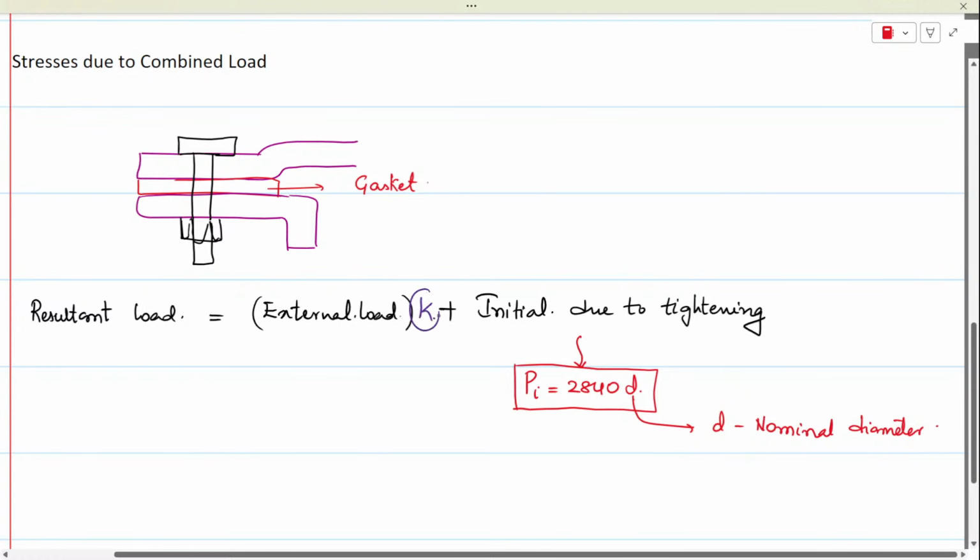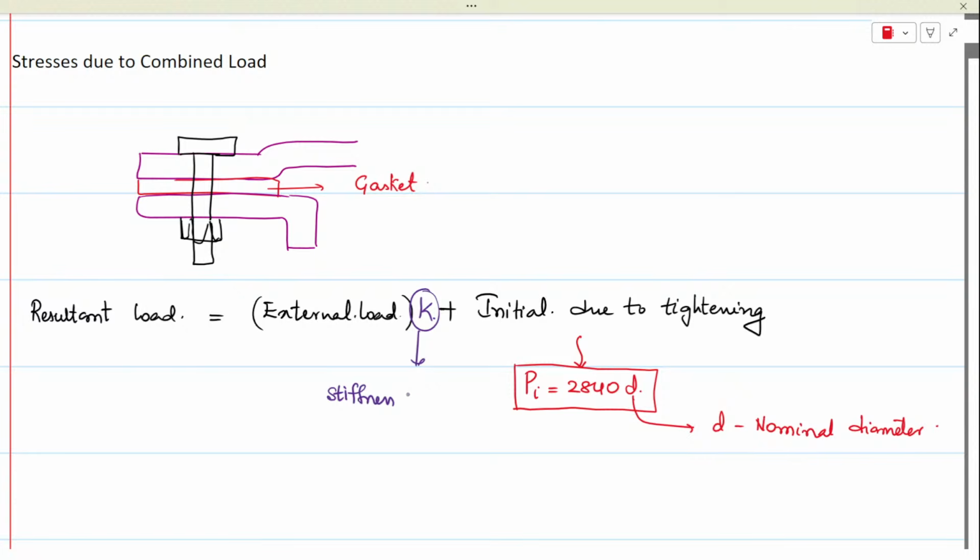Let's call it K. K stands for stiffness constant, expressed as K equal to KB by KC, that is, stiffness of the bolt divided by stiffness of connected members.